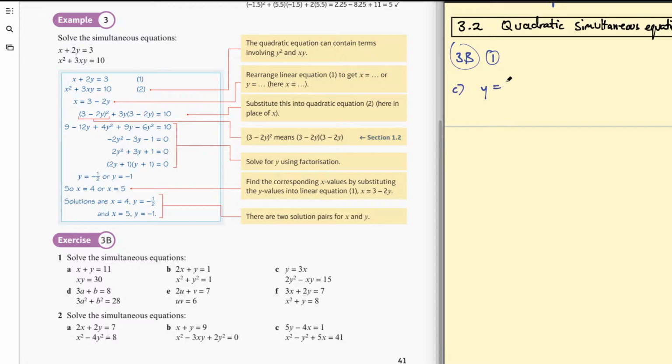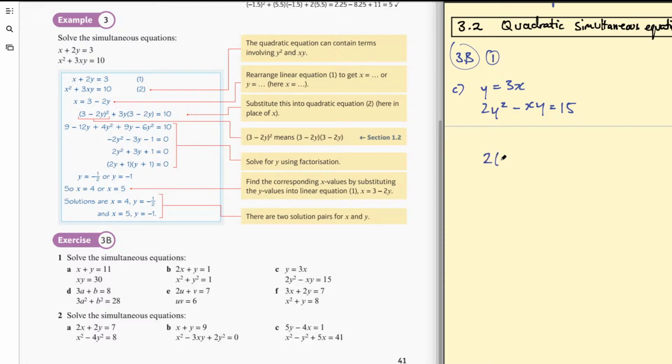1C, y equals 3x, 2y squared, take xy equals 15. Plugging 3x in, we have y already in terms of x, so we can plug it straight into the second equation.